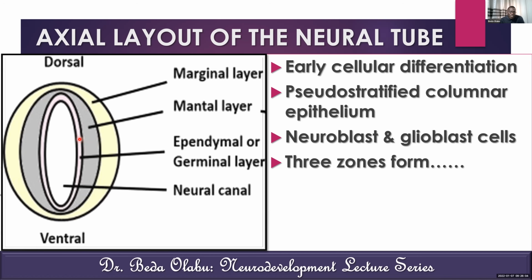Back to here, the ependymal zone or the ventricular zone, as we saw, is a region that contains the stem cells. Both glioblasts and neuroblasts are there, and so it's a zone of active mitotic division.